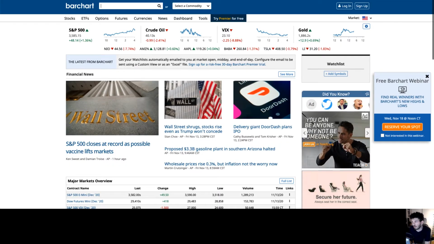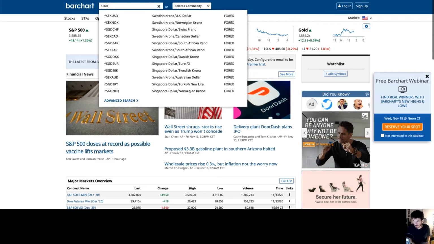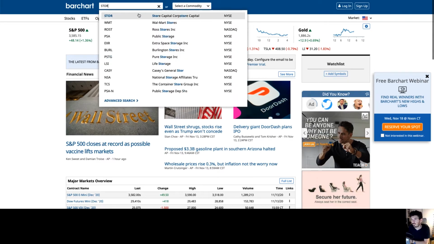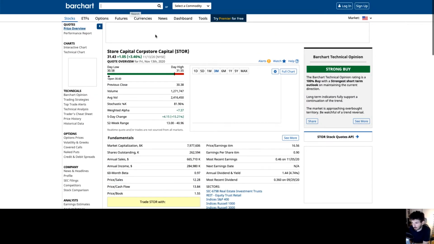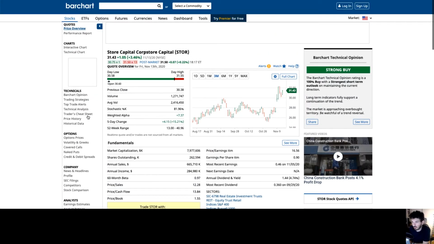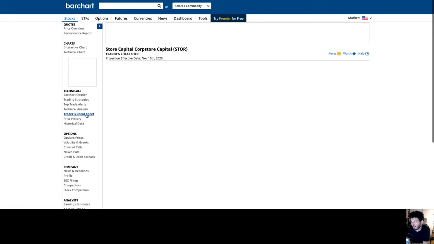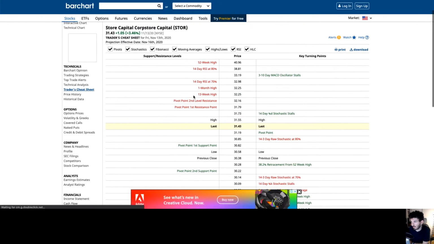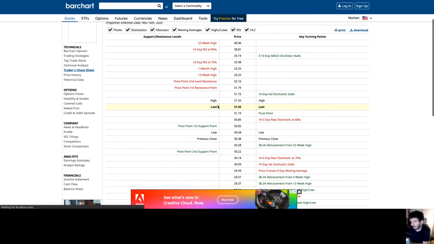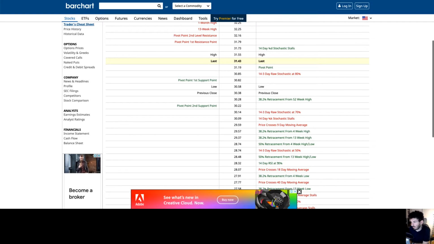So Barchart is helping me with a bit of analysis on the technical side, just to kind of not break my head with candlesticks and just clicking in Store, putting it in the symbol, and then right away jumping to the trader cheat sheet, using that trader cheat sheet to really see what are the technicals, the RSI, the oversold, overbought kind of levels.